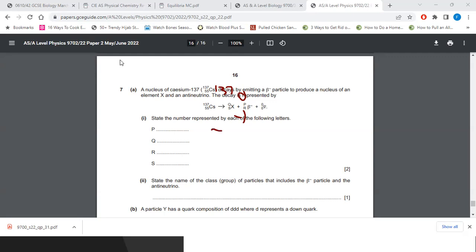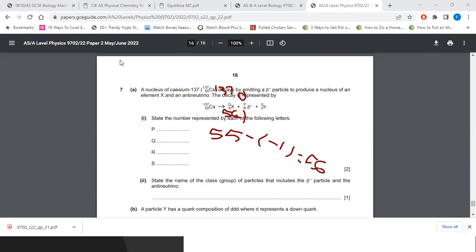If you remember making these equations for alpha decay and beta decay, we always used to subtract. So 55 minus -1 will give you 56. So the proton number will increase to 56. Making sense?